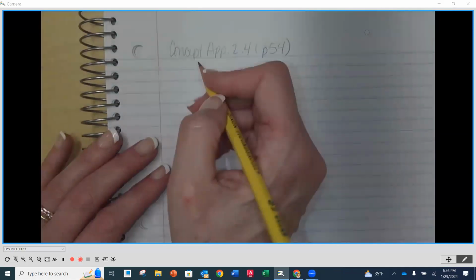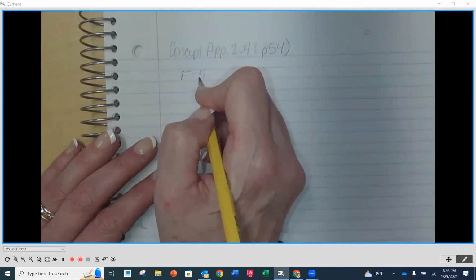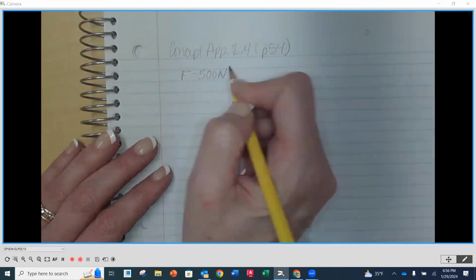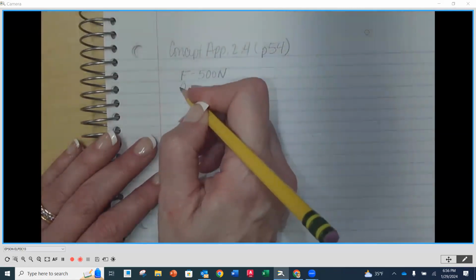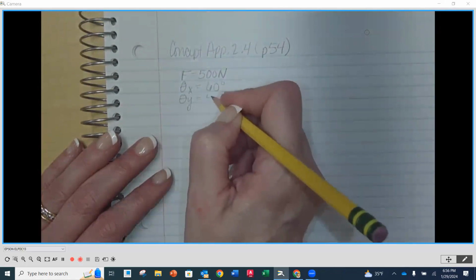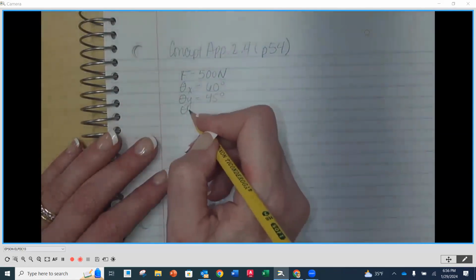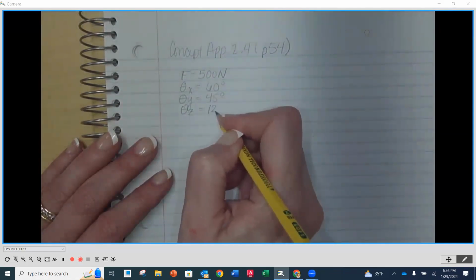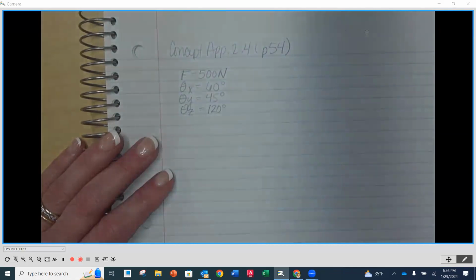All right, so this is known. So F is equal to 500 newtons. And then as the problem stated, theta X is equal to 60 degrees. Theta Y is equal to 45 degrees. And theta Z is equal to 120 degrees.